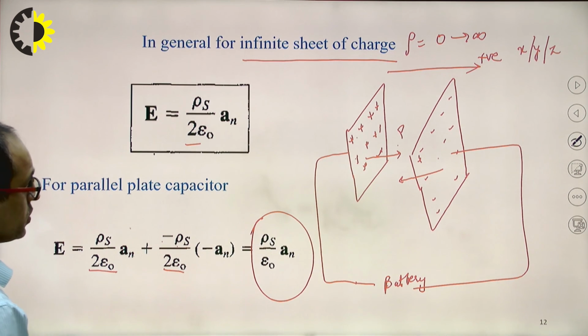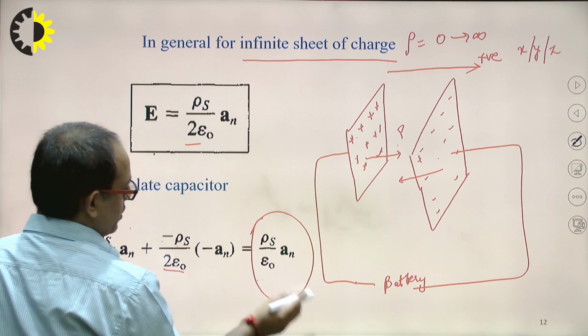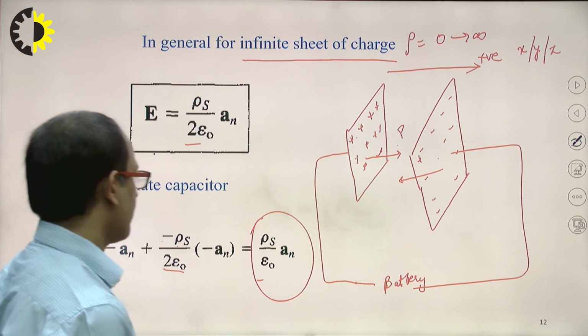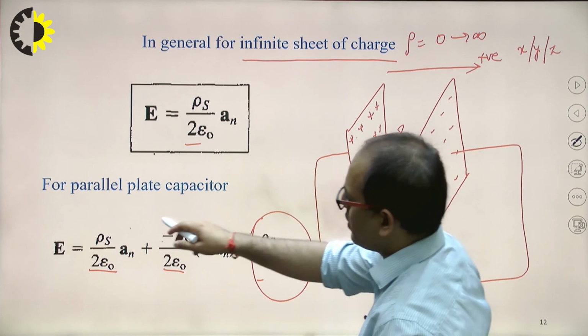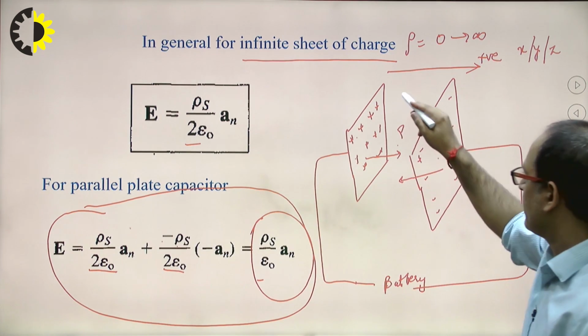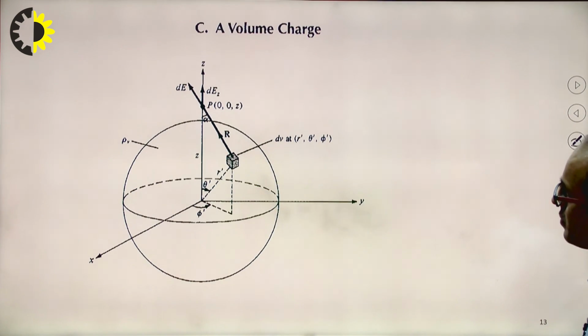Overall you will get rho s divided by epsilon naught multiplied by a cap n. So this one is the electric field due to a parallel plate capacitor between the two parallel plates.